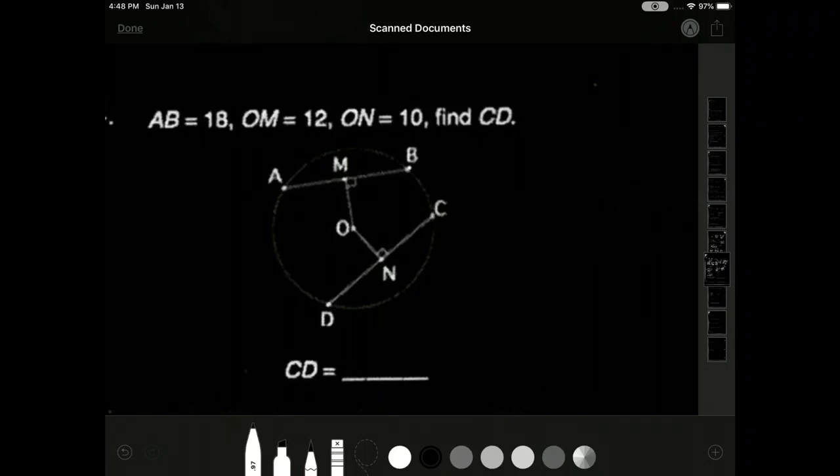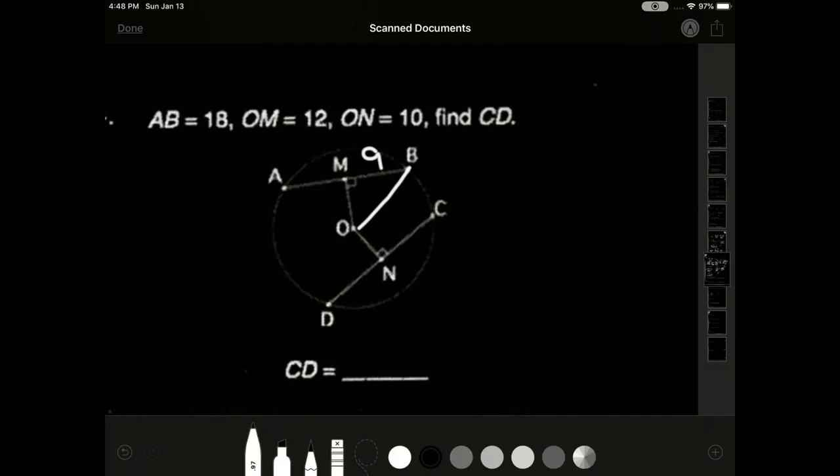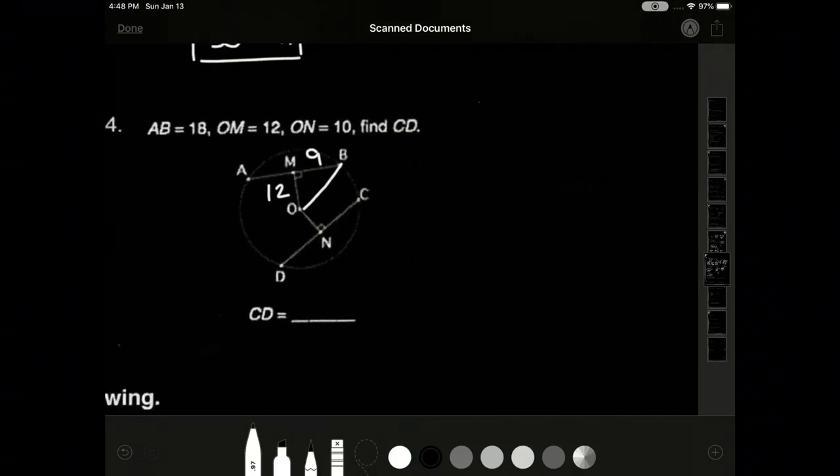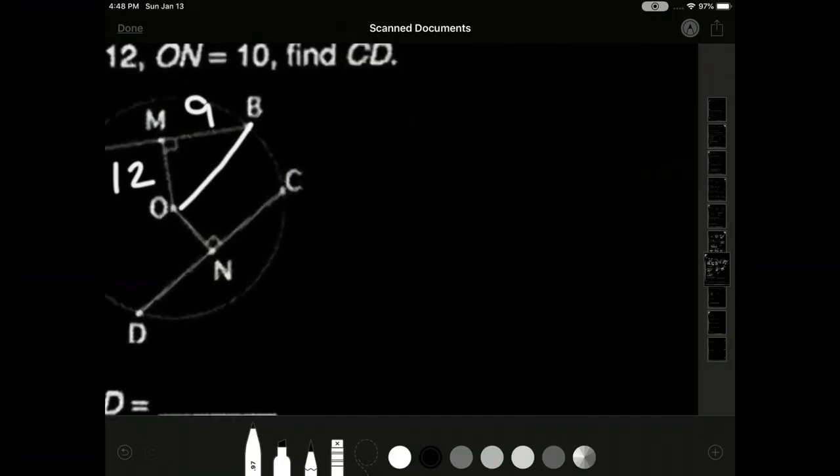So I'm going to draw a radius here from O to B. MB is going to be 9 because the radius is going to bisect that chord. OM is 12. And then we can go ahead and do Pythagorean theorem to figure out what the hypotenuse is going to be. And then that'll give us our radius measure.